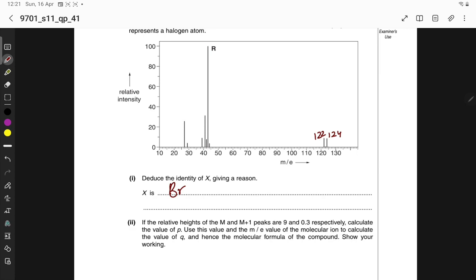Bromine has two isotopes, bromine-79 and bromine-81, and the abundance is 1:1. So if the first two peaks are at equal heights, it means the halogen is bromine.